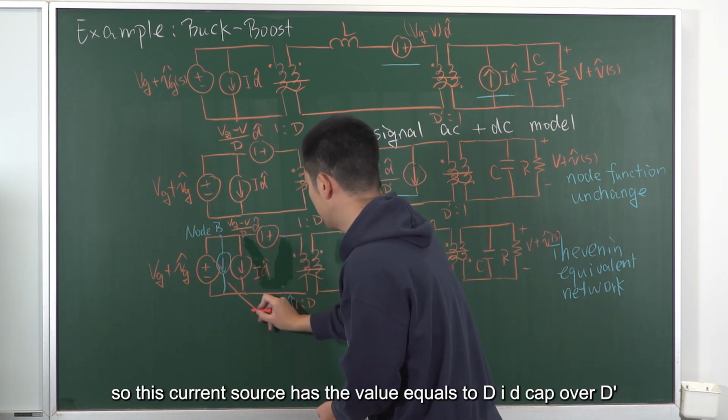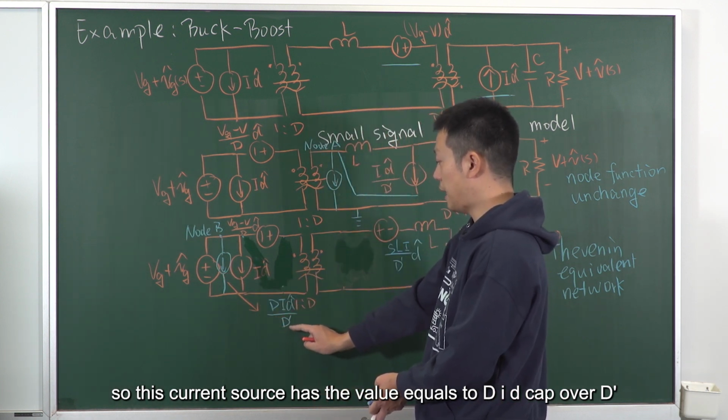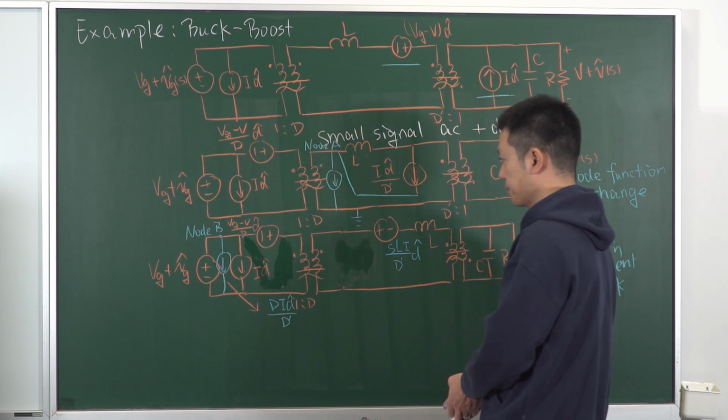So this current source has the value equal to d cap over d prime.